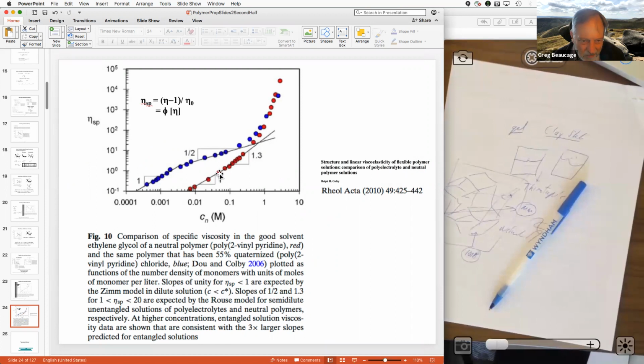Basically, there is a 1 power, which is just that the viscosity is proportional to the molecular weight. And there's a steep part where you know that's entangled. Then in between, there's kind of a decade where it almost has a 1.3 power that's predicted theoretically. So you say that that's overlap and this is entanglement. The behavior here is going to be kind of similar to that.